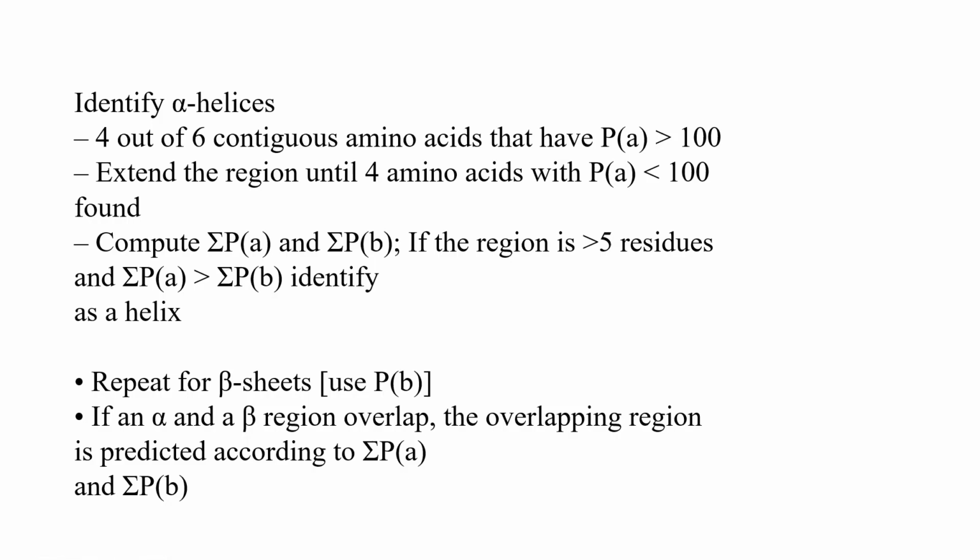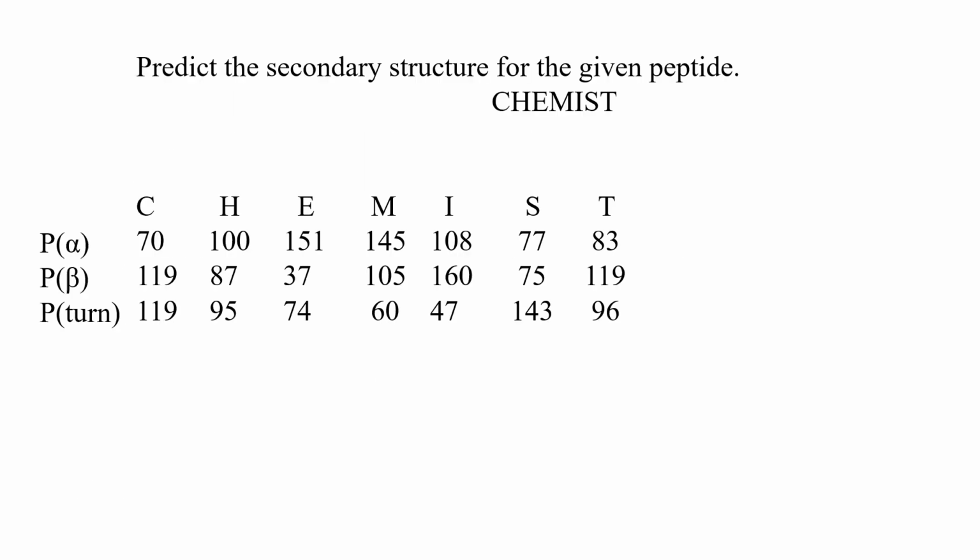So we will have to add the PA values together and the PB values together, and then see whether the sum of PA is higher than the PB value. Is that clear?